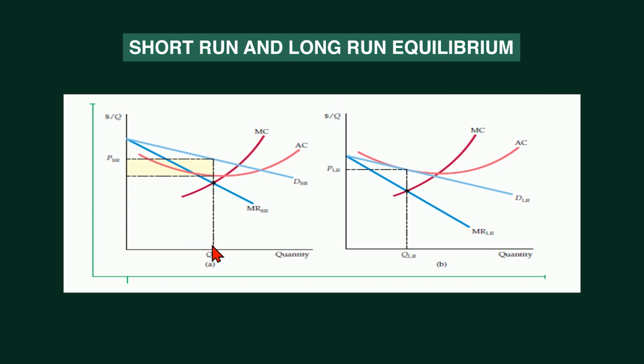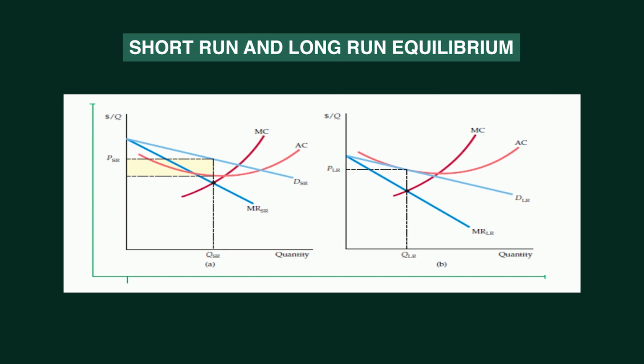Follow my cursor here: I am going up, going up, and stopping the moment it crosses the average cost curve. From there, you draw a line parallel to the horizontal axis to the left, to the vertical axis. Now this area under the average cost curve, up to QSR, is your total cost of production. So this is your total revenue and this is your cost. This shaded area is your profit.